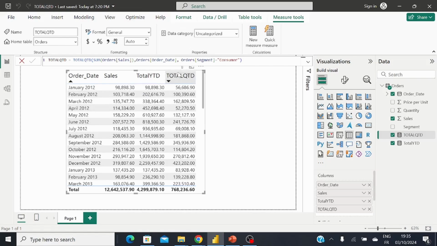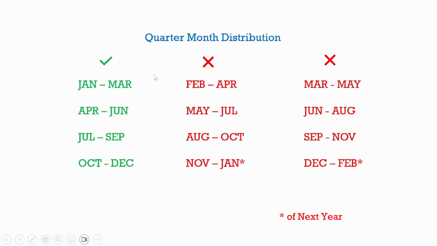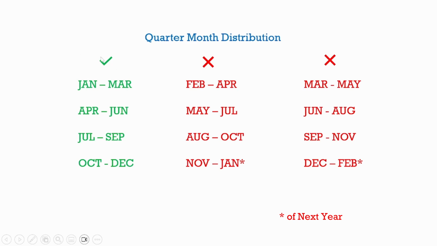But in total quarter to date, we can only have the same set of months as illustrated in this slide. You can only have January to March, April to June, July to September, and October to December as the range, and we can't change it, for instance, to February to April, May to July. So we are going to just follow the classic set of months which define a quarter in a year. So we only have an option to stick with the same set of months for the quarter.